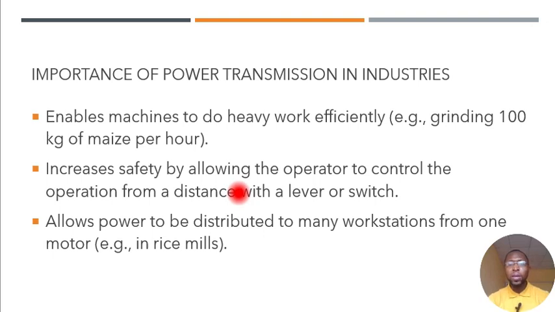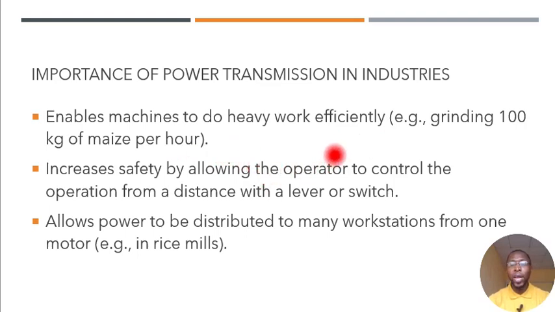All right, let's talk about the importance of power transmission in industries. Number one, power transmission enables machines to do work efficiently, such as grinding 100 kilograms of maize per hour.